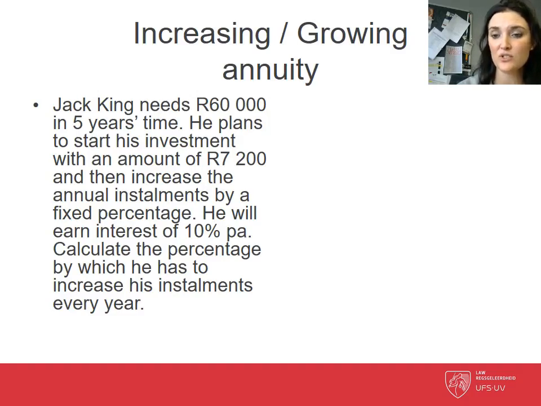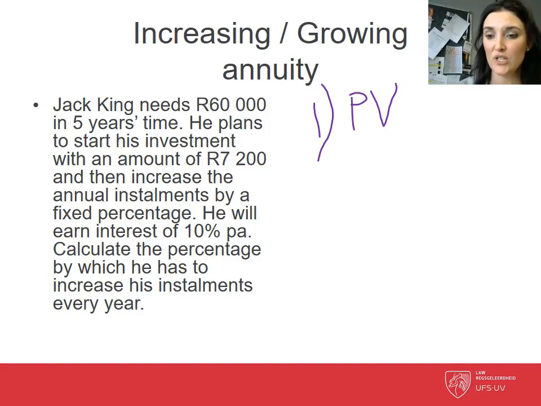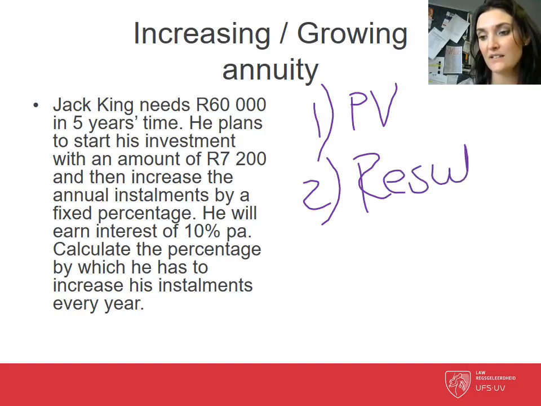So the steps that you then follow are, firstly, you calculate the present value of that future amount that you need. Secondly, you will calculate your resultant rate by taking that present value into account with your yearly payments.